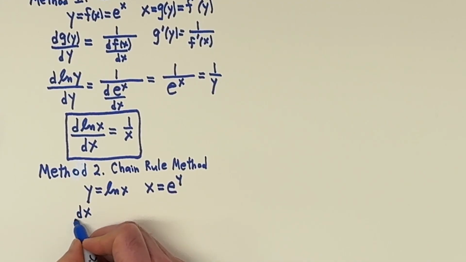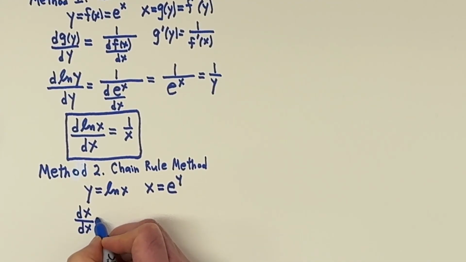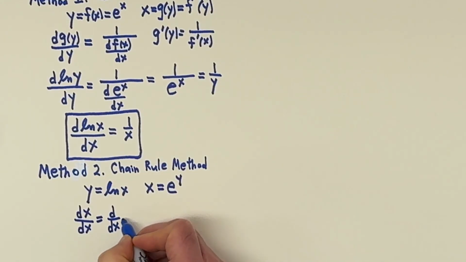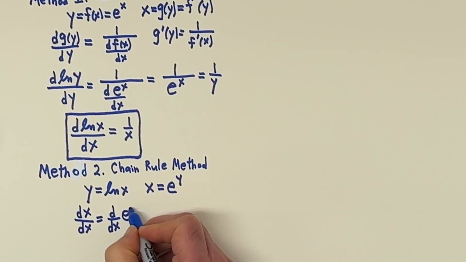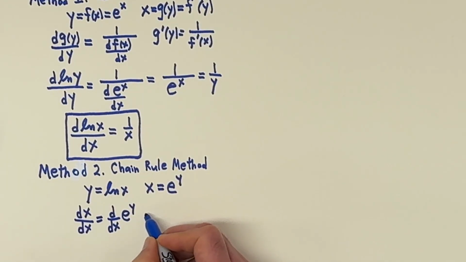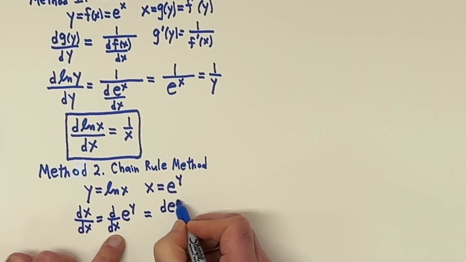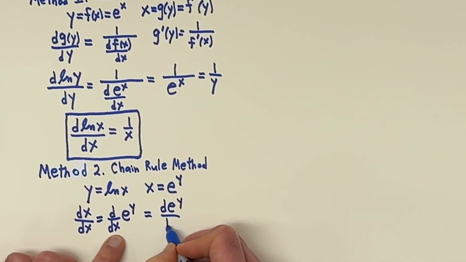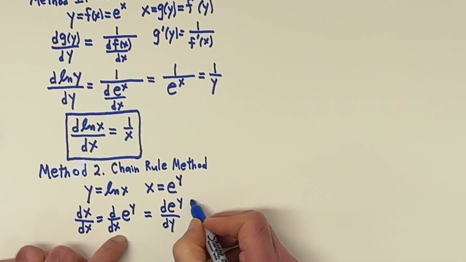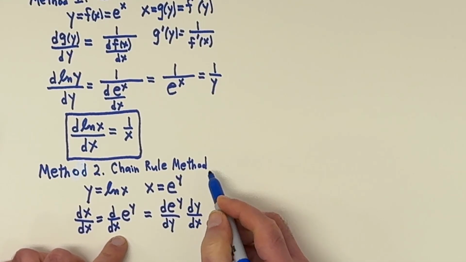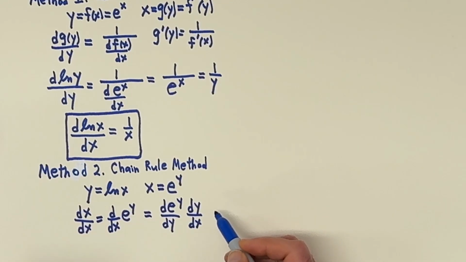So I have dx/dx is equal to d/dx of e to the y. And now we use the chain rule. This one's going to be d e to the y with respect to y, and then dy/dx. That's why we nicknamed that the chain rule one.